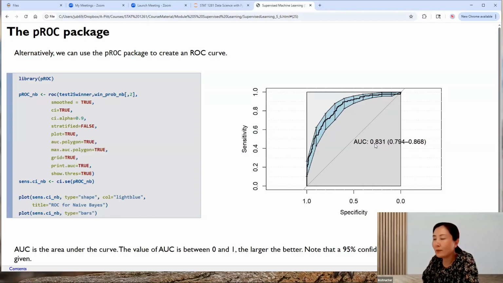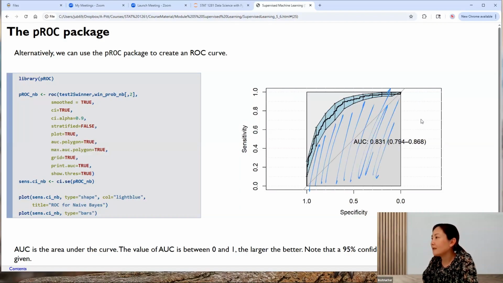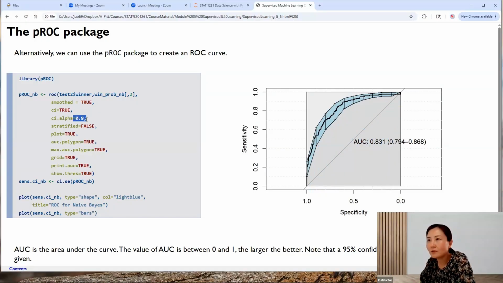Right? So 0.831 is already pretty good. And it also calculates the 90% confidence interval for you. So 0.794 corresponds to this area. Okay? And 0.868 corresponds to the biggest area. Well, I think it's 90% because I chose to use 90%.